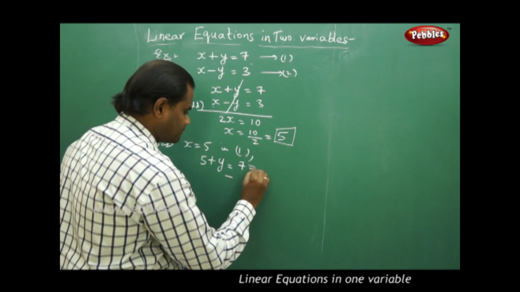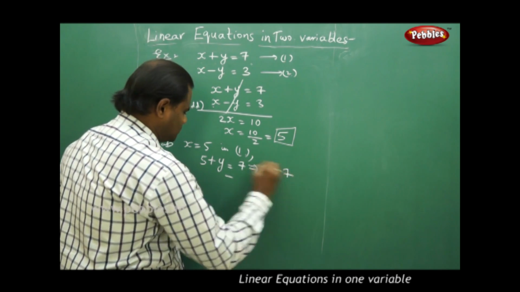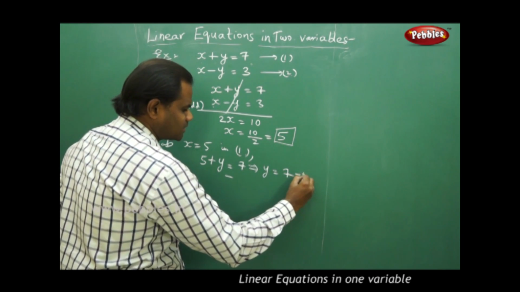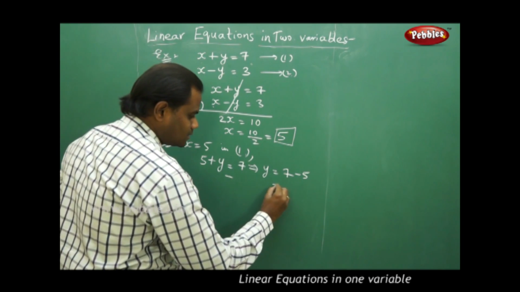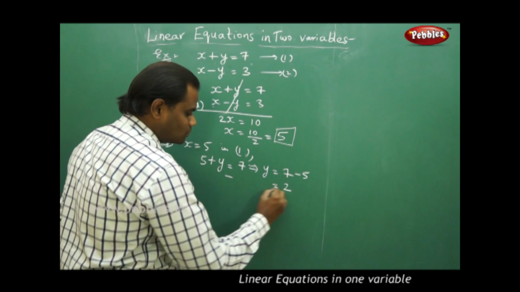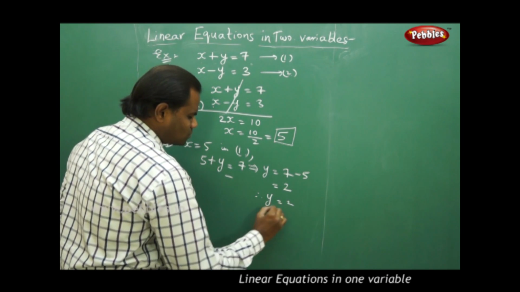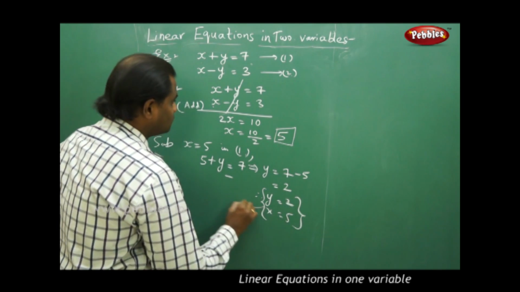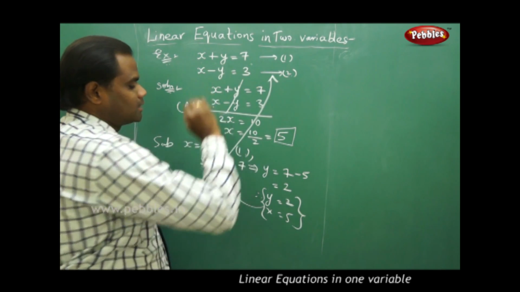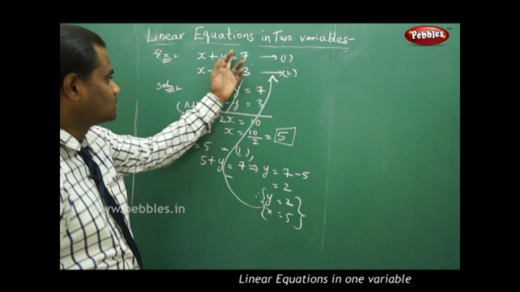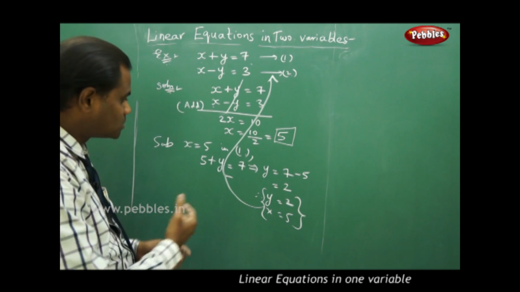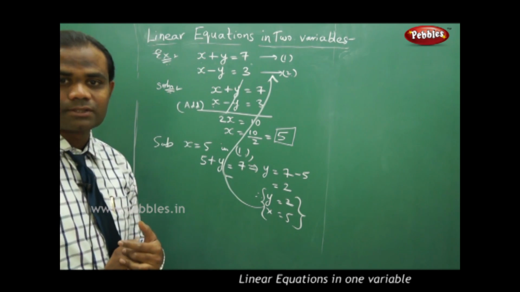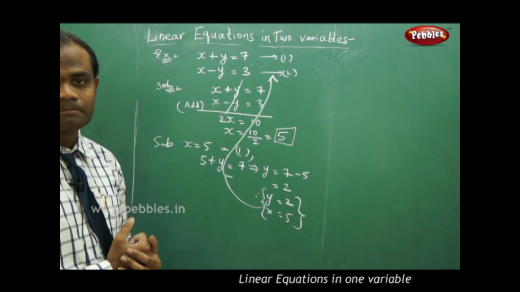Therefore, I get y equal to 7 plus 5 coming to the right as negative 5, and this when simplified gives 2. Therefore, y equal to 2 and x equal to 5 are the solutions for the given equations. So this is how we solve linear equations in two variables.